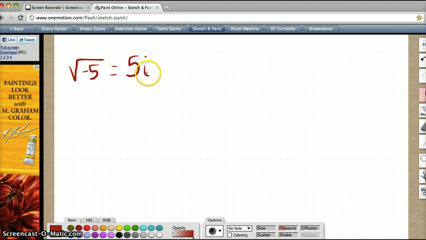And the reason why you have to have this i here is because you can never have a negative under a square root. And if you have a negative under a square root, then that number simply becomes an i. So the square root of a negative 5 is 5i.